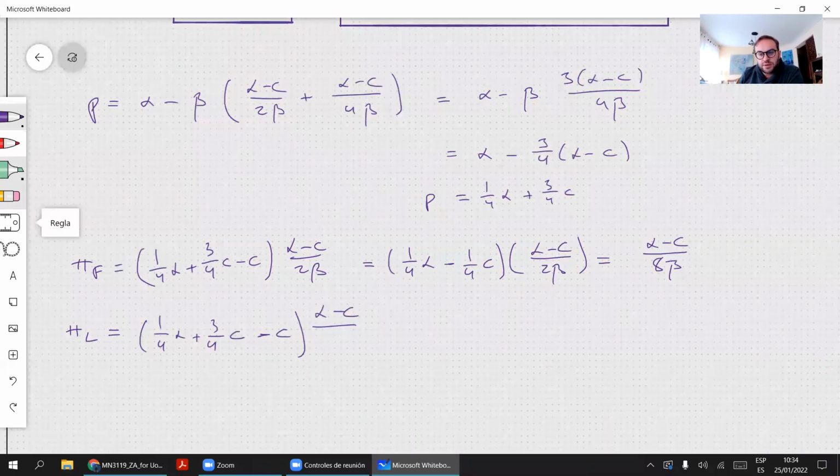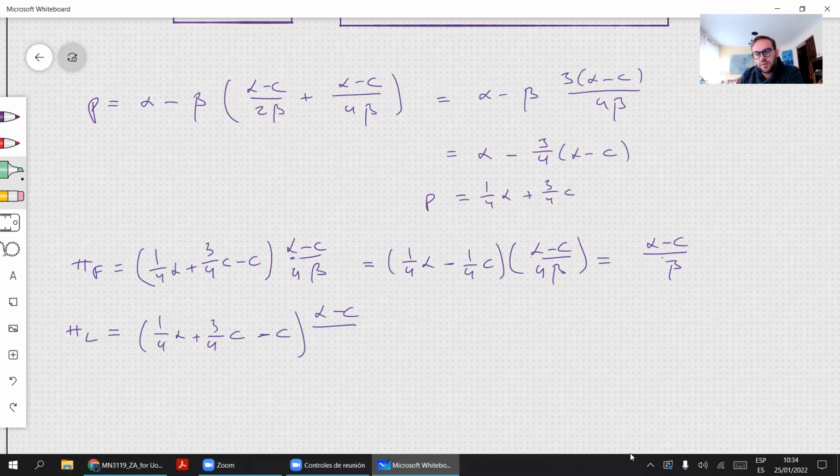This is 4, right? The production of the follower is 4 beta. So this is 16. Okay. And then here, this is 2 beta, so I already know the result. This is going to be 8 beta in terms of profit. So the leader obviously gets more money than the follower. And this is a general result.